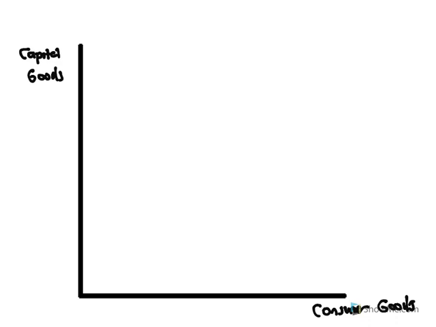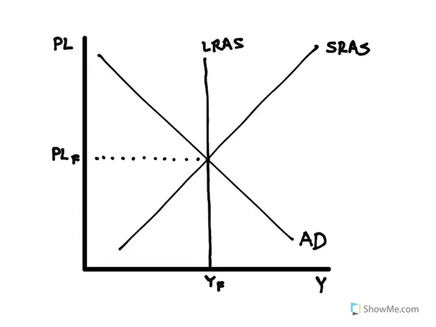Typically, the PPC is drawn as increasing opportunity costs, just like that. And we said that any point on the PPC represents full employment or maximum sustainable output. And so YF would be somewhere on the curve itself. Okay, so that's YF. It could in theory be the same YF as this YF right here.